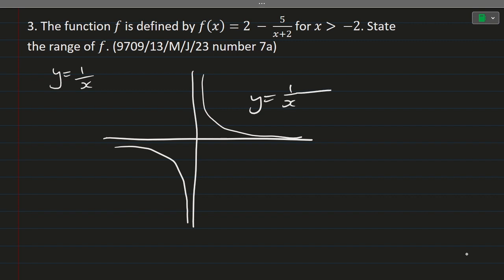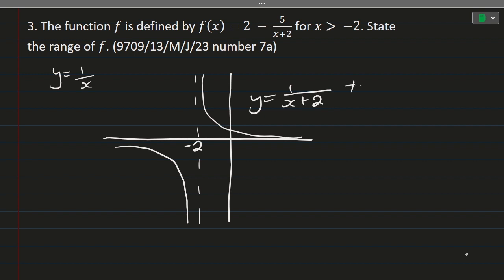Now if we add 2 units here, it means we're shifting our graph to negative 2. So this line here, instead of being the y-axis, becomes x equals negative 2, and our y-axis will be somewhere here because we've shifted our graph by 2 units to the left.